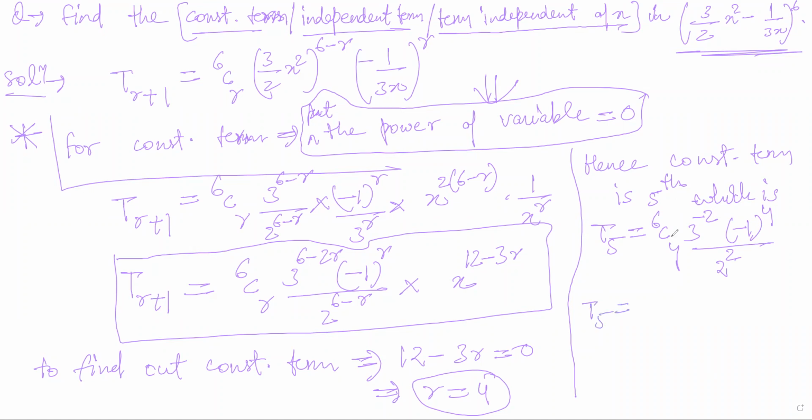So T5, 6C4 is 15, into minus 1 to the power 4 is 1, and this will become 2 square 4 into 3 square 9. So the answer would be T5, which is 5 by 12 in this case.